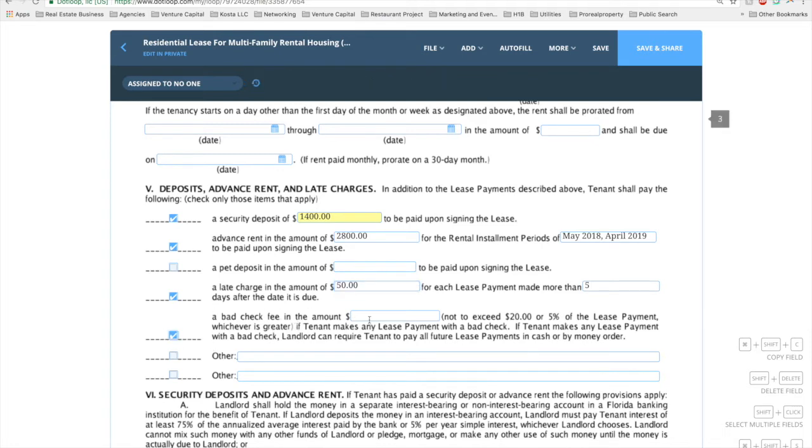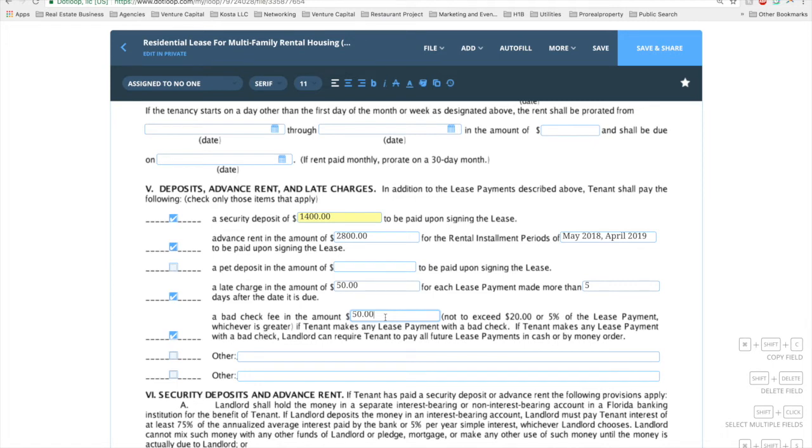A bad check fee in the amount of also $50, if tenant makes any lease payment with a bad check. It says here not to exceed $20 or 5% of the lease payment, whichever is greater.